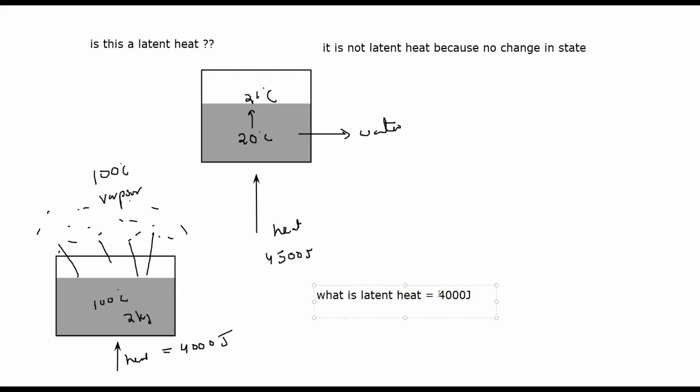But what is specific latent heat? Specific latent heat is energy for each kilogram. Because this 4,000 is for 2 kilogram, but you need it for 1. So 4,000 divided by 2 is equal to 2,000, and the unit is joule per kilogram.